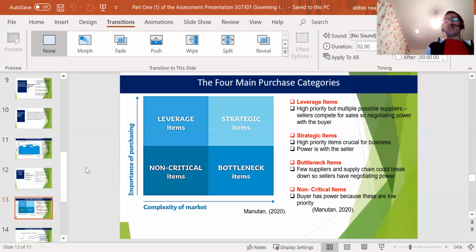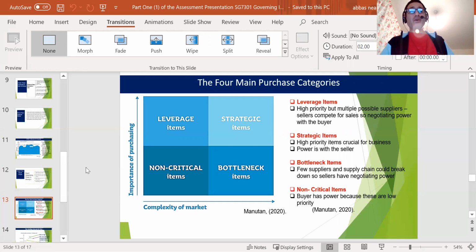Bottleneck items have only a handful of suppliers. There is a risk that the supply chain could break down unless supplier relationships are well handled and purchase targets are efficient and accurate.